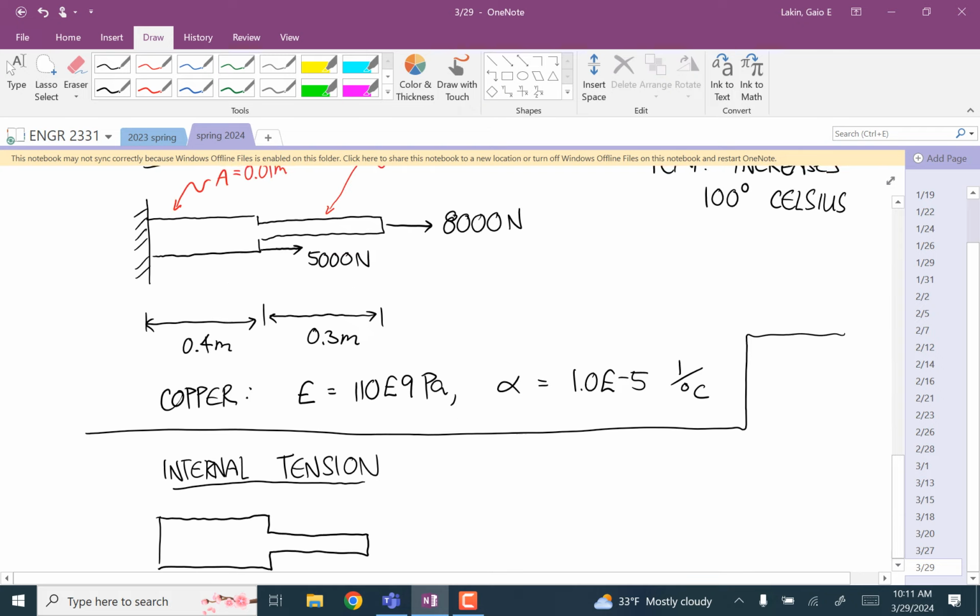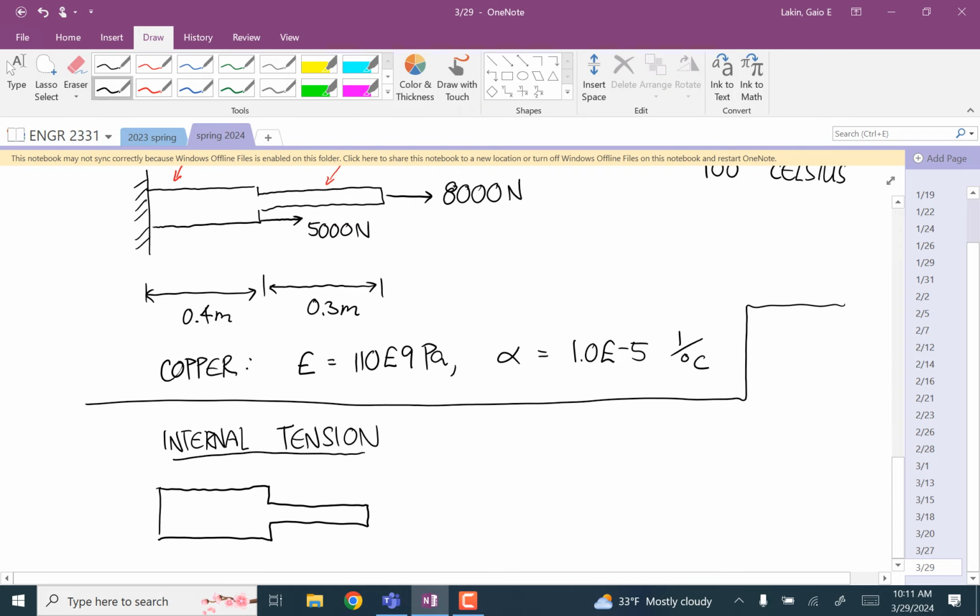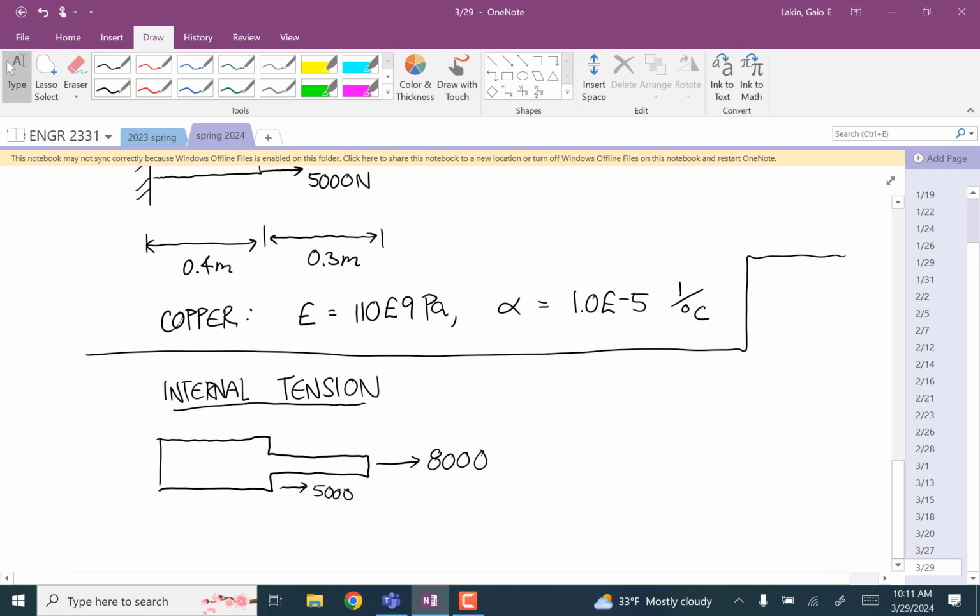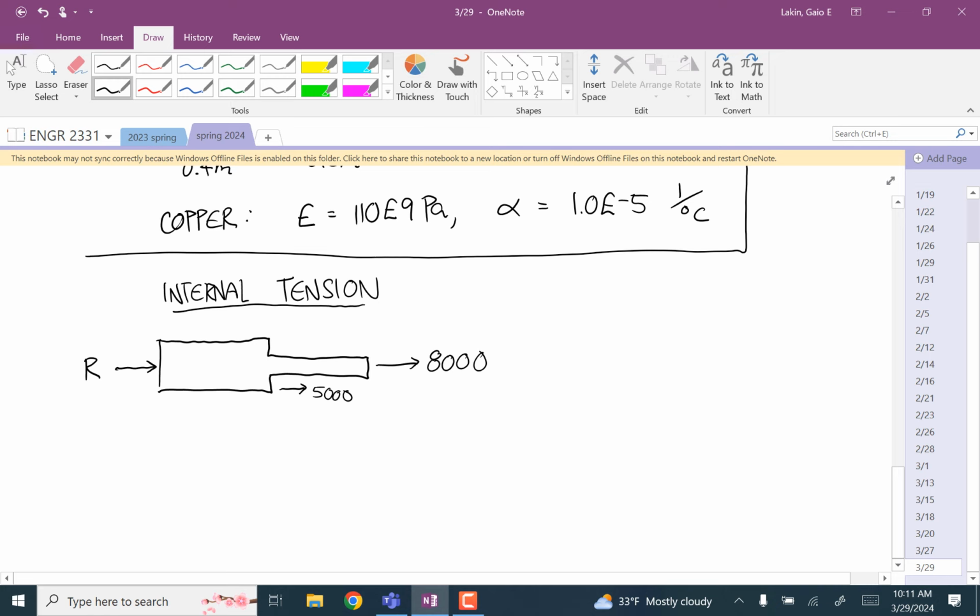If that's a free body diagram of the whole thing, we have a 5,000 Newton force here, 8,000 here. We have some reaction force here. And Newton's second law in the x direction says R plus 5,000 plus 8,000 is equal to 0.